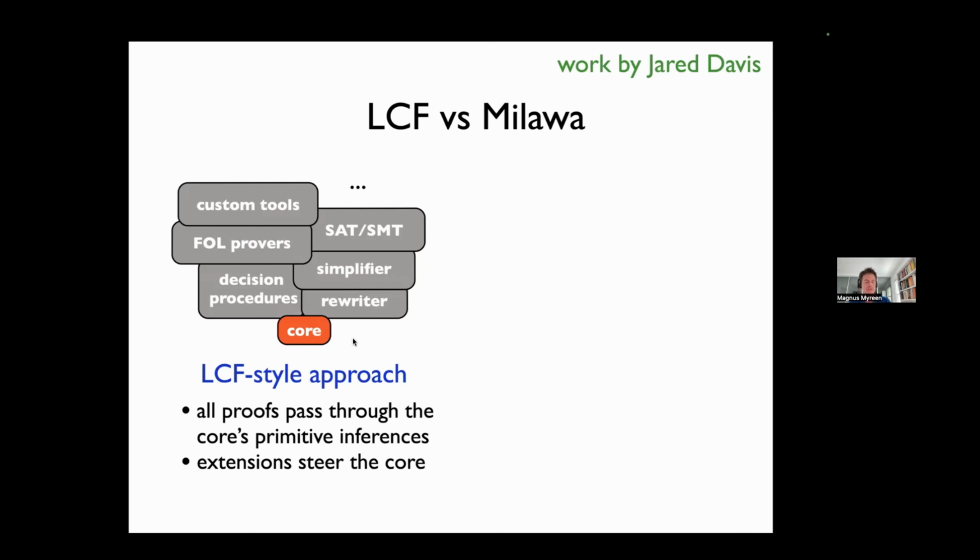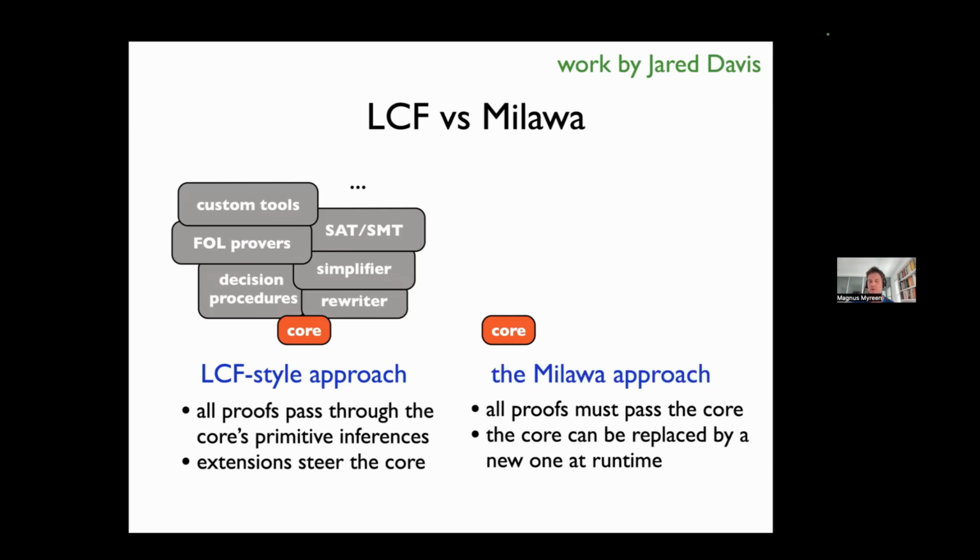But ACL2 and the Boyer-Moore theorem provers don't have this problem. But they also don't have a small trusted kernel. Instead, with the Boyer-Moore prover, you have to trust the soundness of the entire system, which is rather concerning if you come from the LCF tradition. So the Milawa approach had a very cool way of doing it.